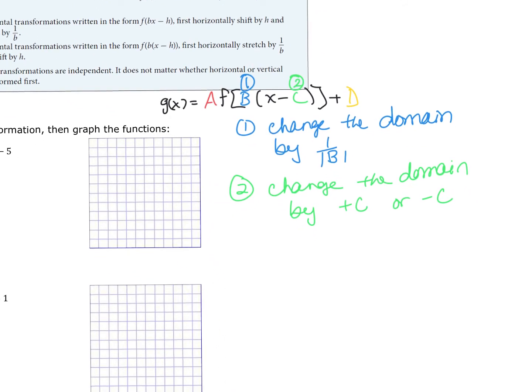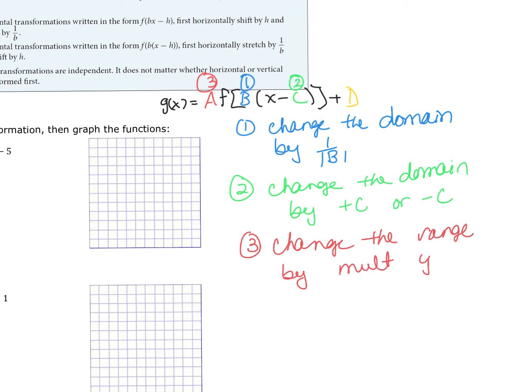The next thing I'm going to do is my a. This is going to change the range, by multiplying your y values by whatever a is. And this will take care of the reflection as well.